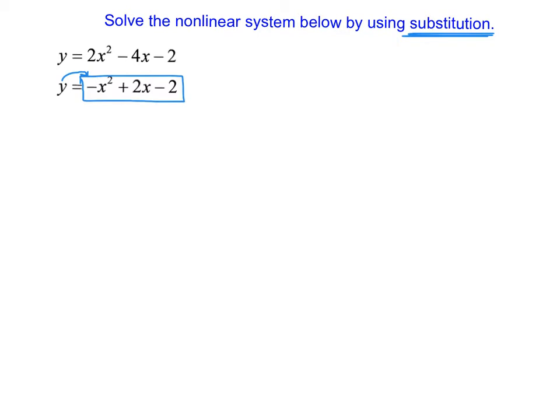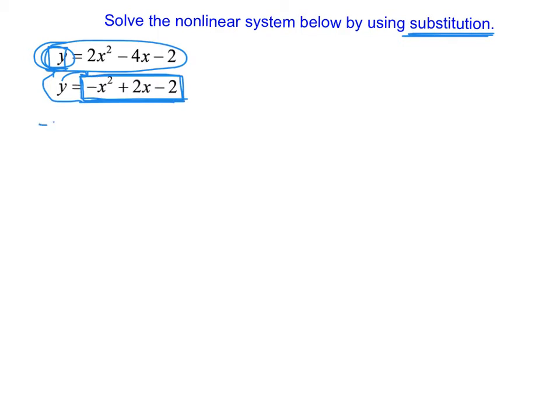Y equals negative x squared plus 2x minus 2. And I'm going to replace it in place of y in the first equation. So notice I'm replacing y with an entire statement that it is equal to. I'm going to rewrite this first equation by replacing y with what it is equal to.